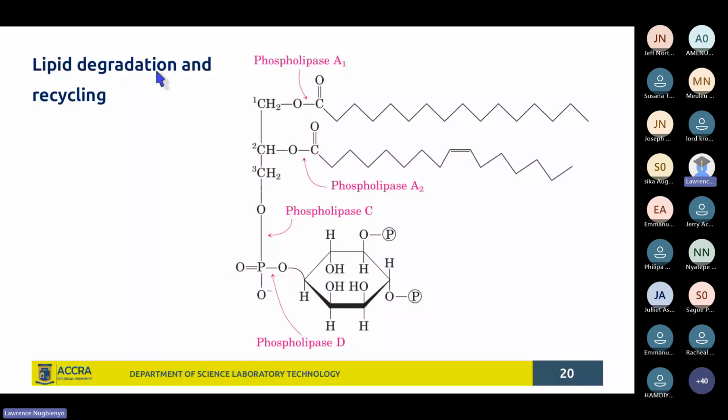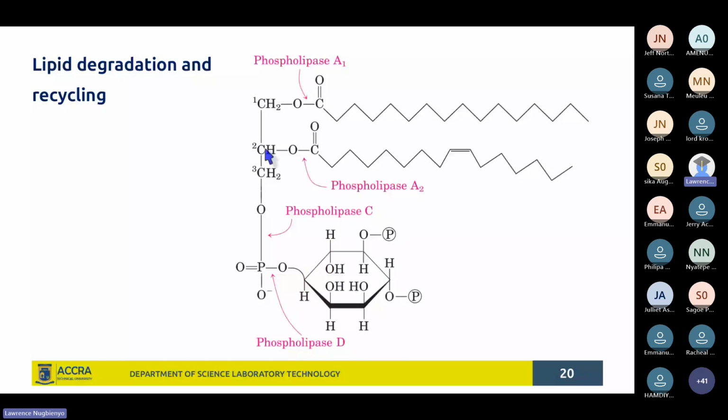Perhaps we did see phospholipases, how they break down phospholipids, to say that phospholipase A1 breaks down the first ester bond between a fatty acid and a glycerol backbone. Phospholipase A2 breaks down that ester bond between the second fatty acid and the glycerol.